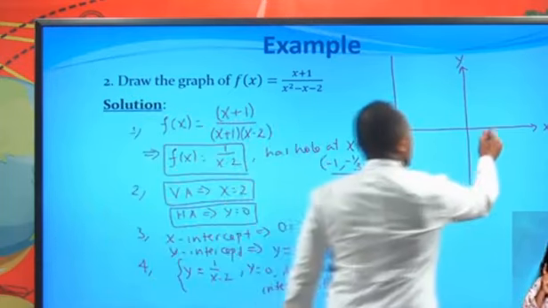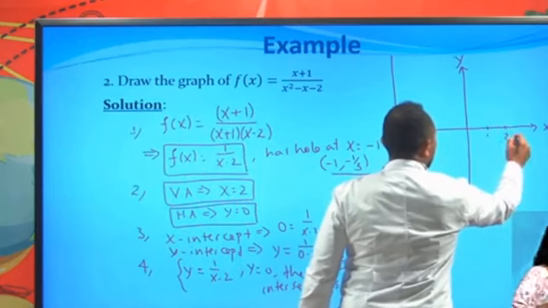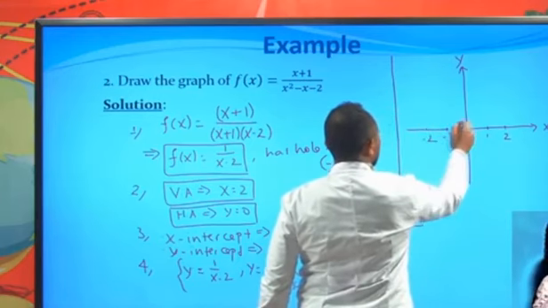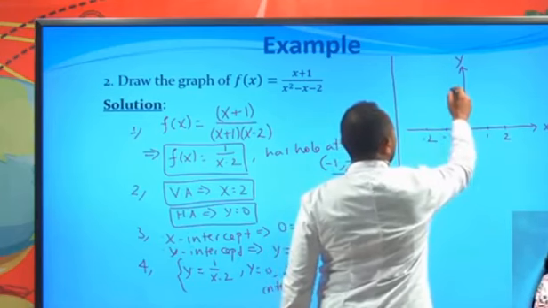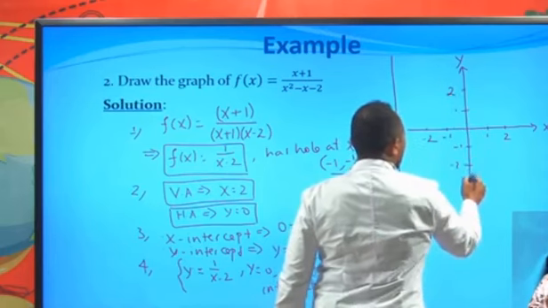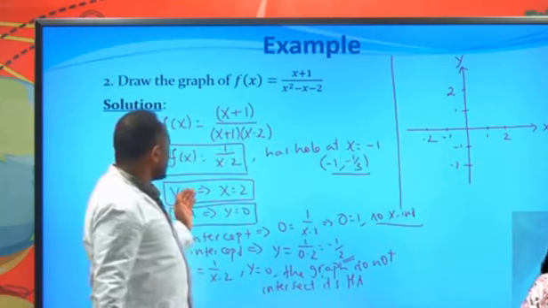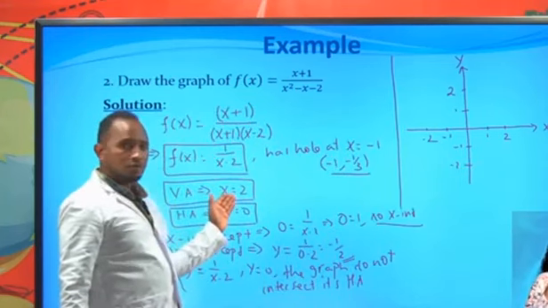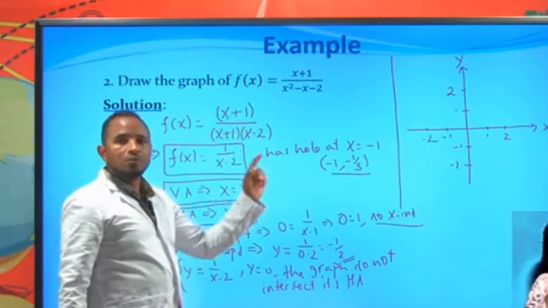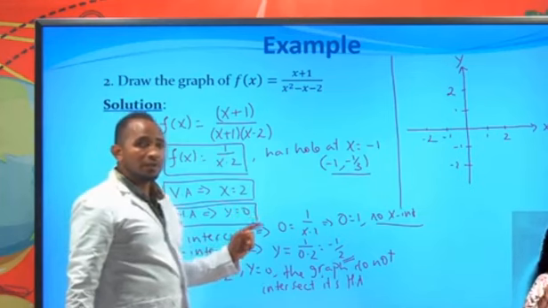So assume this one is -1/3. It has a hole at this point, -1, -1/3. Now, any intercept? It has a y-intercept. The y-intercept is at -1/2. So assume -1/3 is here, and the y-intercept is below -1/3.